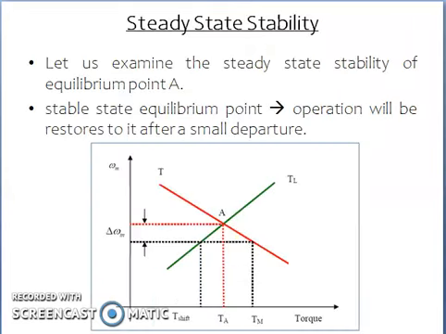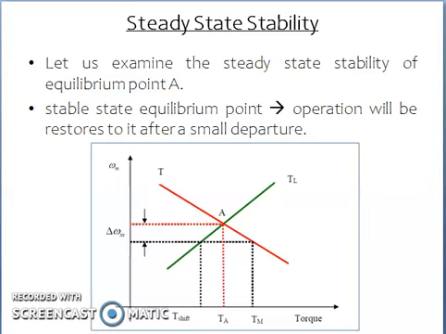Next, we'll deal with steady state stability. As we discussed previously, equilibrium speed of a motor load system can be obtained when motor torque equals the load torque. The drive usually will operate in steady state at this speed, provided it is the speed of stable equilibrium.